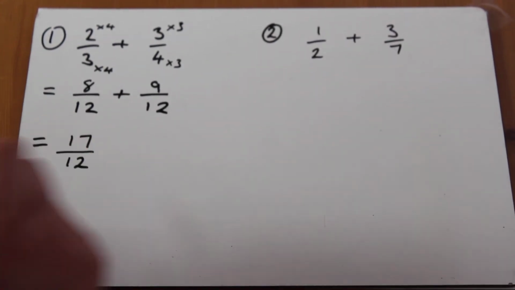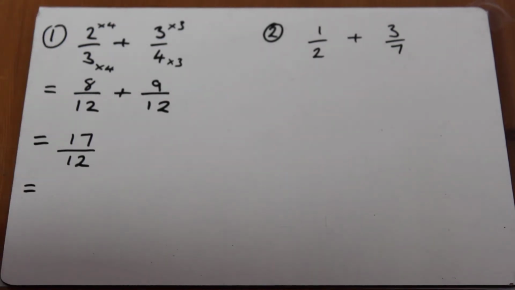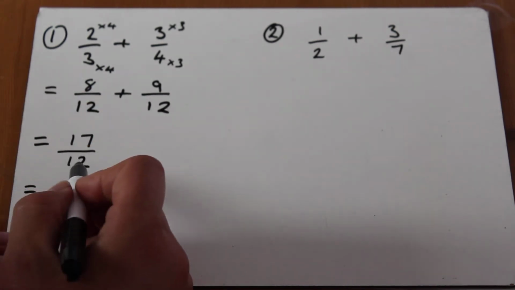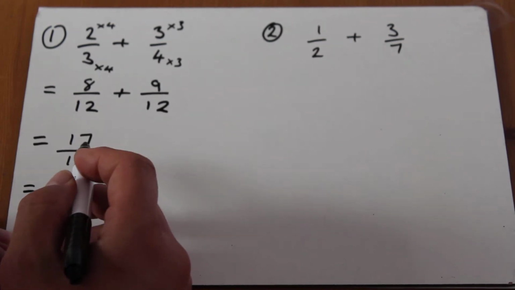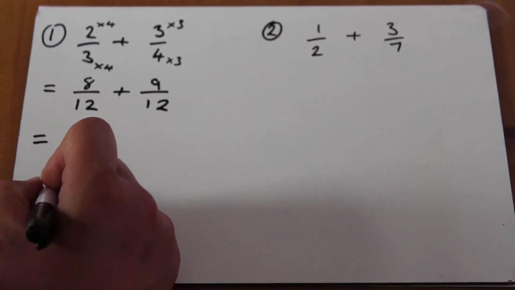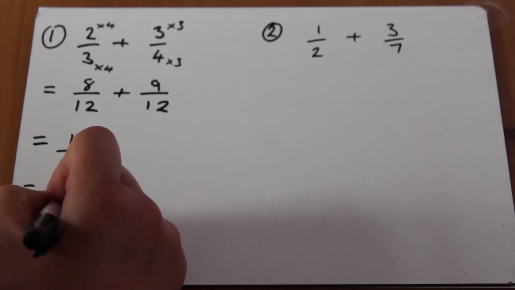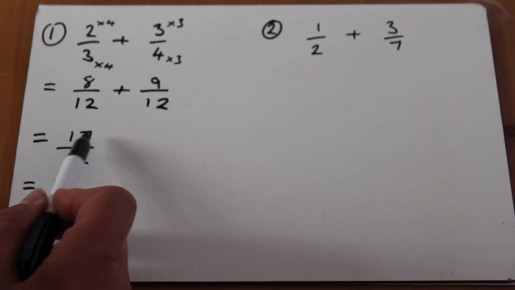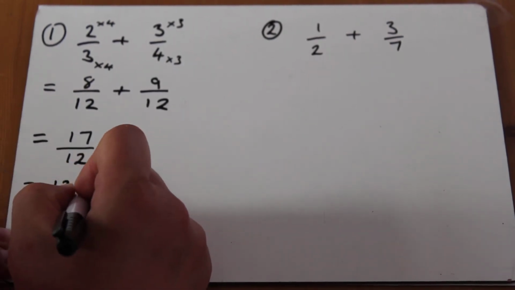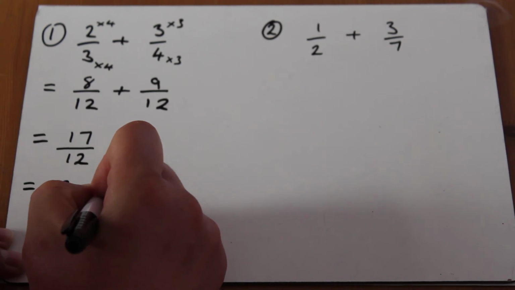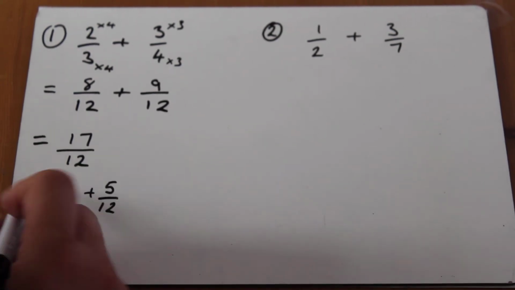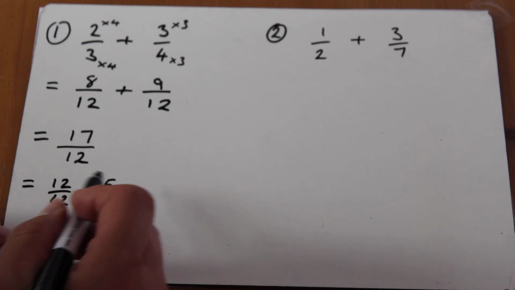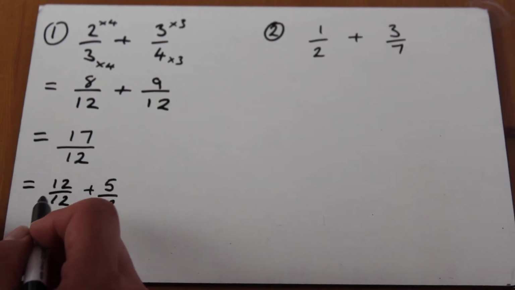Now, this part is probably the next trickiest part of the question. If I'm talking about twelfths, a whole 1 in terms of twelfths is the same as 12 twelfths. That means if I take 12 out of this 17, I'm left with 5. So that's the same as saying 12 twelfths and 5 twelfths, because when I add those two together they give me 17.